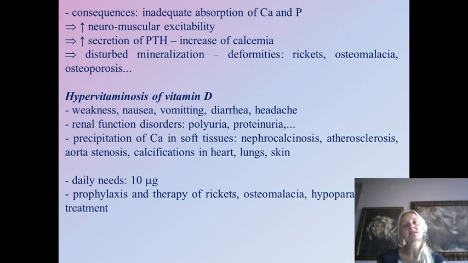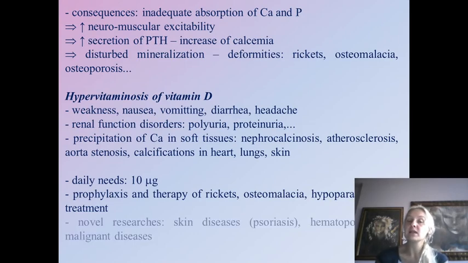And some of the novel results of research suggest that vitamin D can also be used in the treatment of some skin disorders and diseases like psoriasis, some diseases of the hematopoietic system, and some malignant diseases.